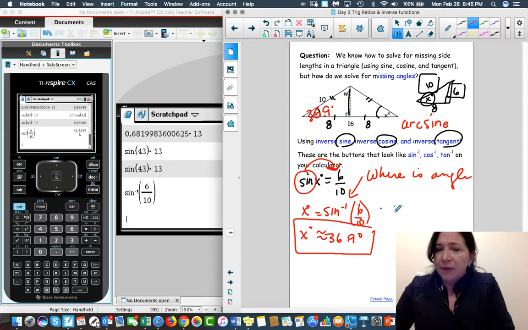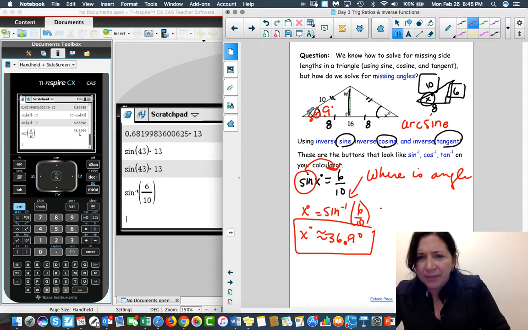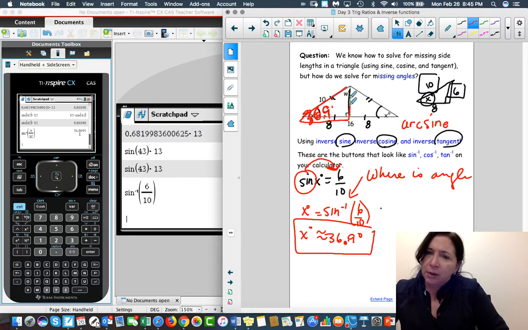Now, we know X is 36.9 degrees. Well, what if I want to find W? You don't have to do this whole thing again, because remember, a triangle has a sum of 180 degrees, and these two angles here are complementary, meaning they both add up to 90.